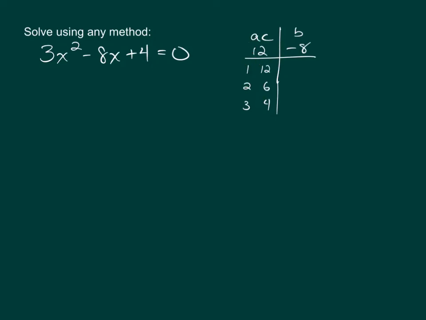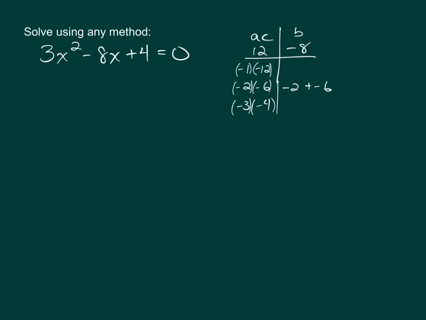You can do that if both numbers are positive or if both numbers are negative. And in this case, we need both numbers to be negative because when we add them together, we need to have a negative sum. So -1 times -12, -2 times -6, and -3 times -4. Which pair of numbers adds up to -8? It is -2 plus -6.